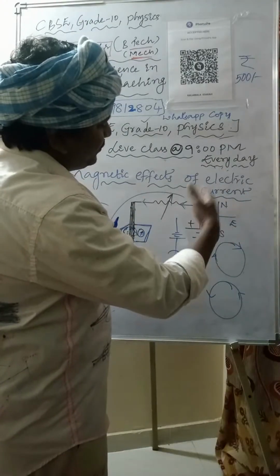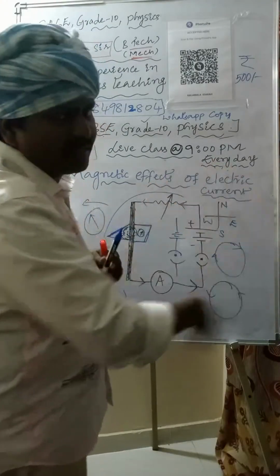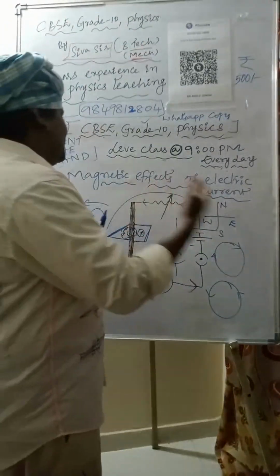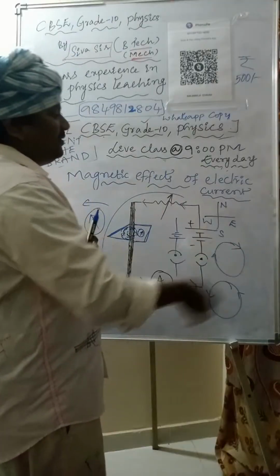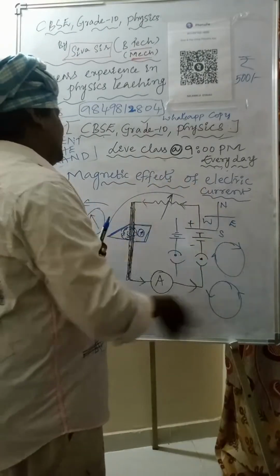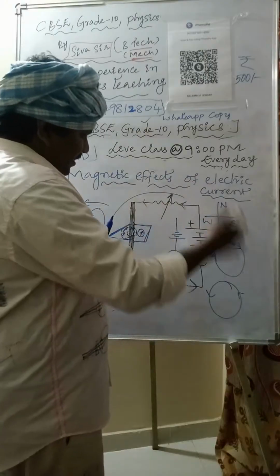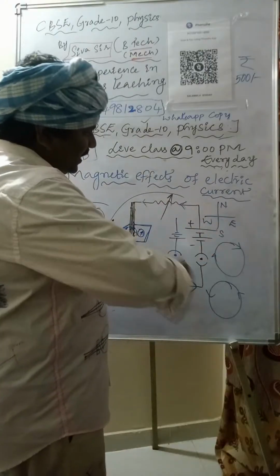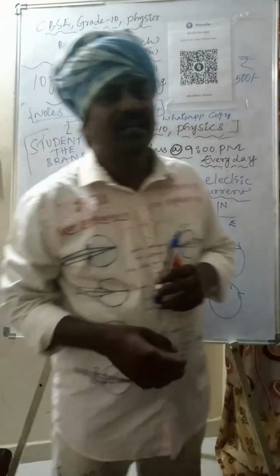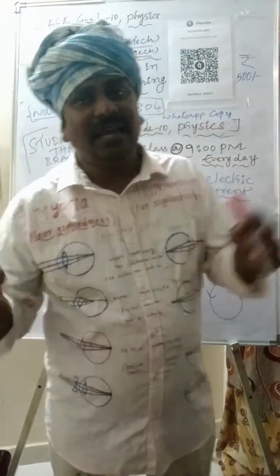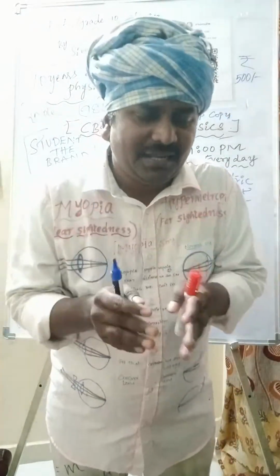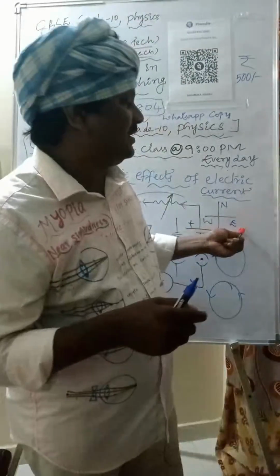If the current passes in the clockwise direction, the magnetic compass should show towards the east.